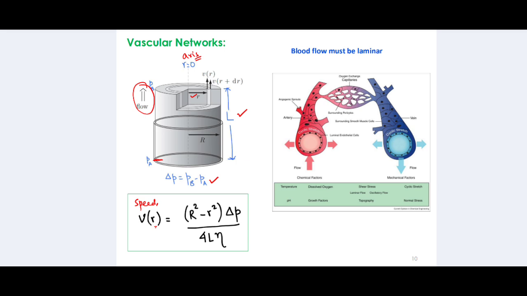So this is your axis. And the speed as a function of axis is a function of delta P, L, the length that we are talking about, this is L, it's marked, and your viscosity.